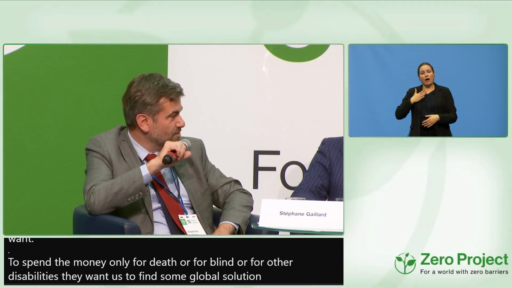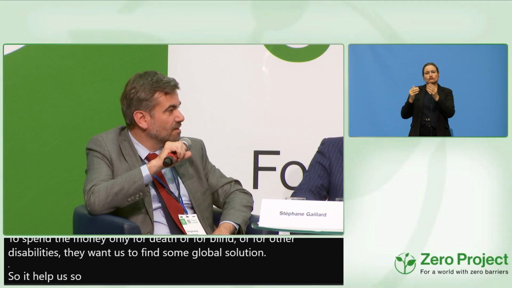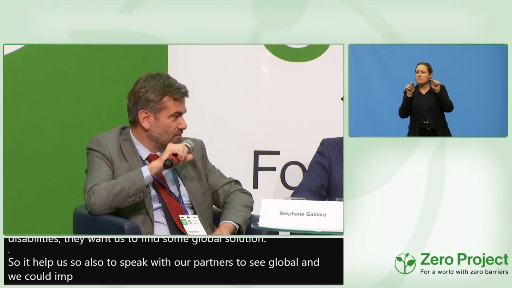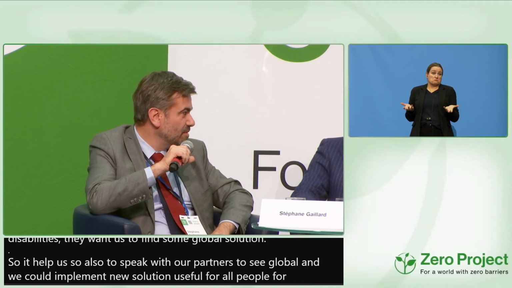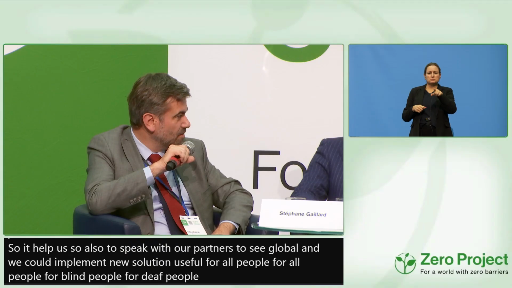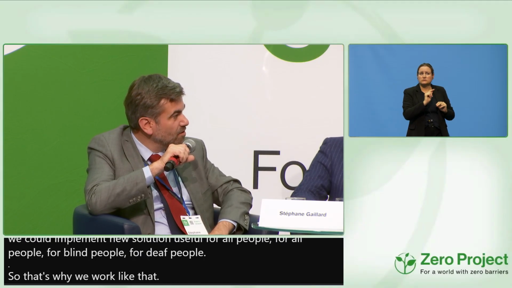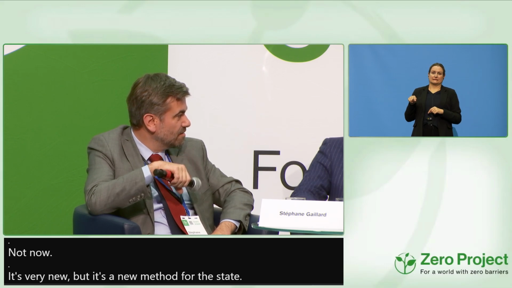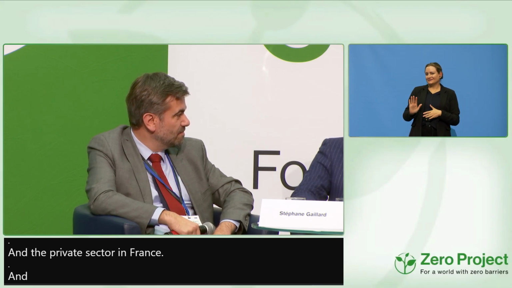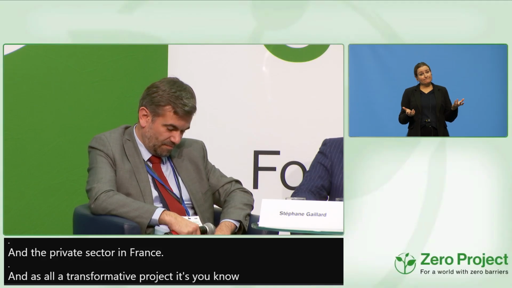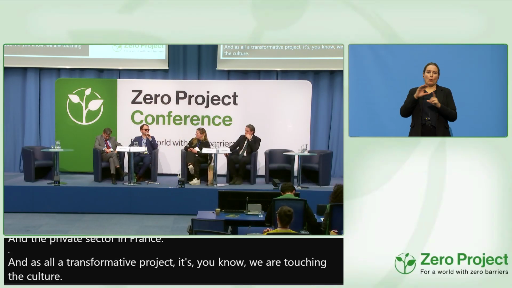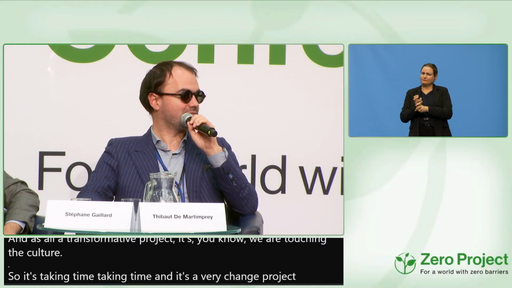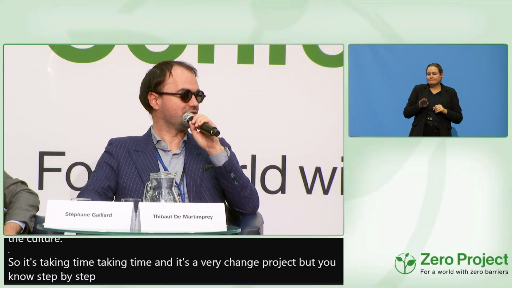So it helps us also to speak with our partners, to think global, and we can implement new solutions useful for all people, for blind people, for deaf people. So that's why we work like that now. It's very new, but it's a new mindset for the state and the private sector in France. And as with any transformative project, we are touching the culture, so it's taking time. But step by step, we will go on in this direction.